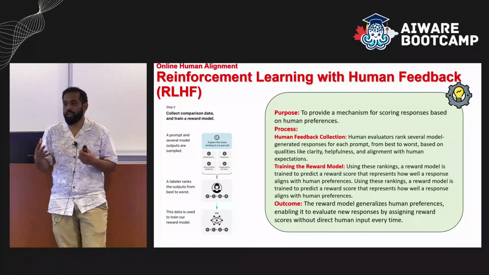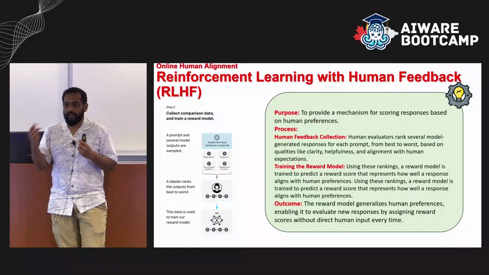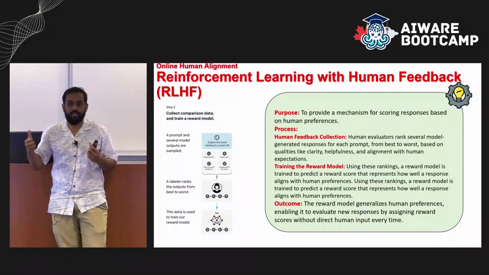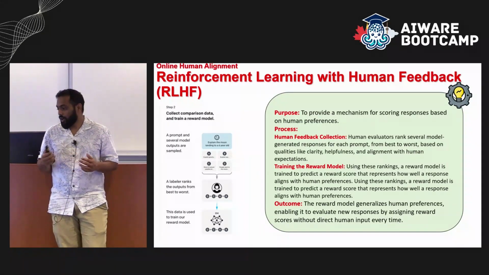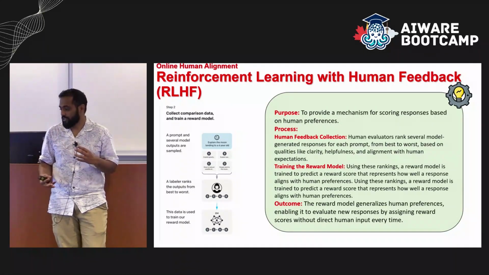This reward model tries to learn how the humans are ranking the different responses, so that it has an idea of what is a good response and what is a bad response. The outcome is that we now have a reward model that can generalize human preferences.